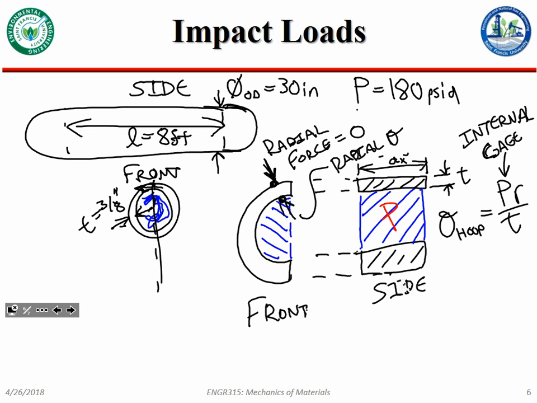What pressure is pointing directly out? P, right? So I can call your sigma z, if you will, or your radial stress, your out of plane stress, equal to the pressure on the inside, but on the outside it would be zero. Again, this would be gauge pressure.